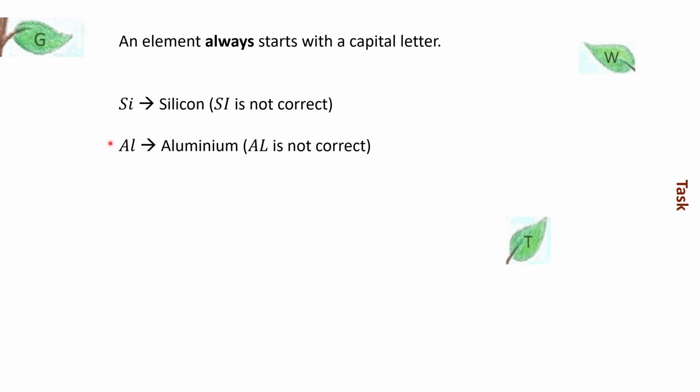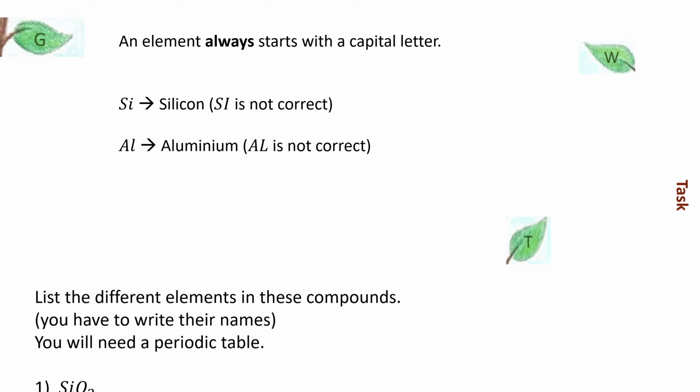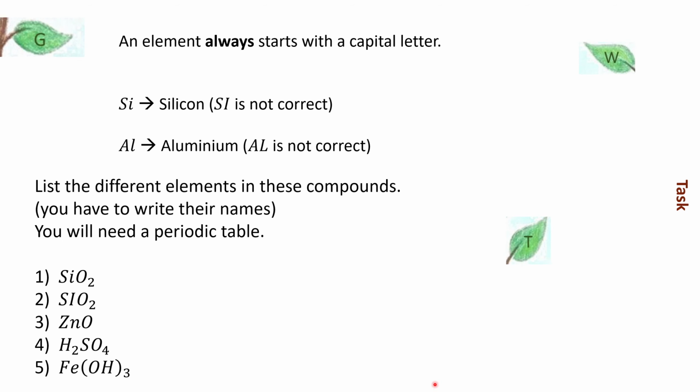So again, aluminium is that capital A, capital L doesn't actually mean anything on the periodic table. So it's not correct. So you'll have to pause to have a go at this. I'd like you to try and use your periodic table to list the different elements in these compounds. You have to write their names.